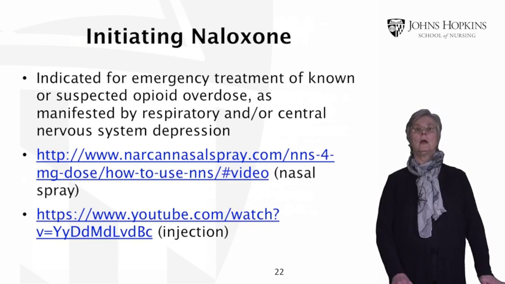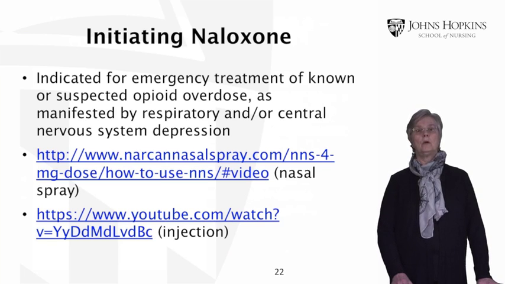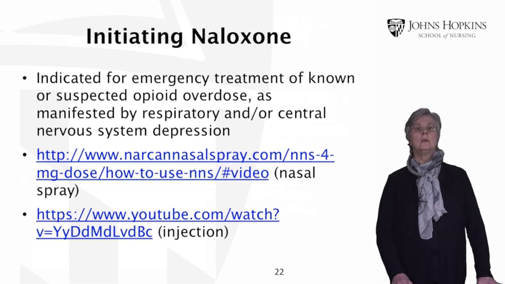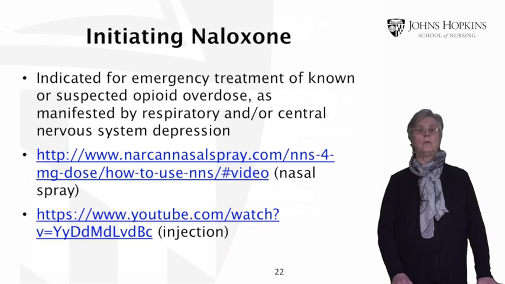In initiating naloxone, this is indicated for emergency treatment of a known or suspected opioid overdose. The classic signs of overdose are respiratory and or nervous system depression. There are 2 sites shown here that show how to administer naloxone using the nasal spray and also the injectable form.